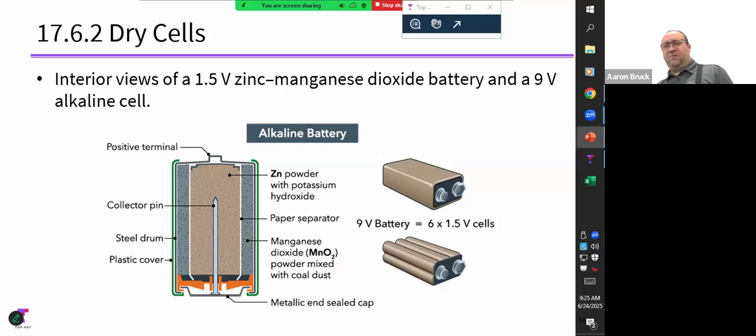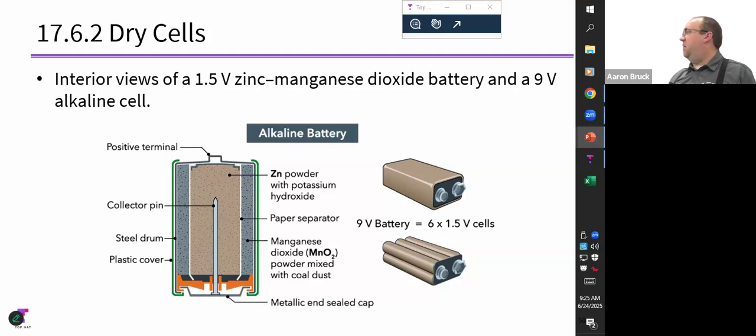So these are some mock-ups of alkaline batteries. This looks like it's maybe a mock-up of a C cell battery, but AA, AAA batteries, D cell batteries, they look essentially the same.